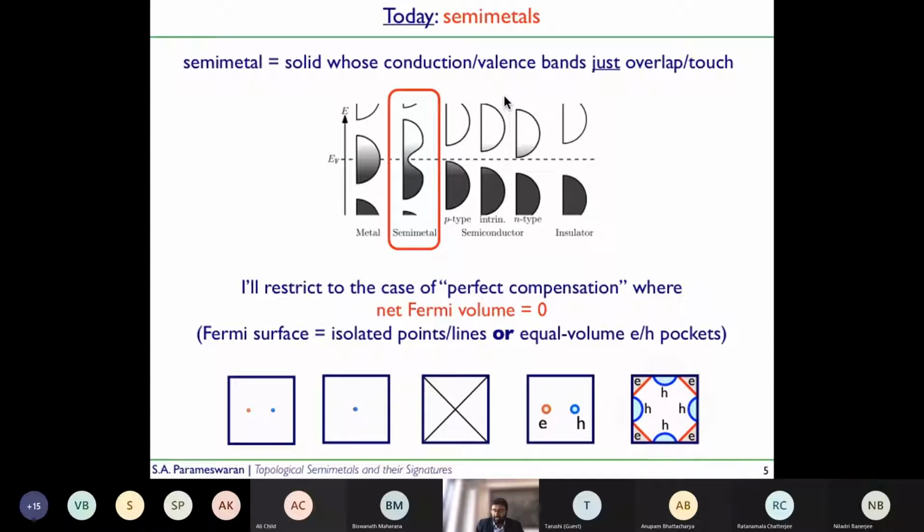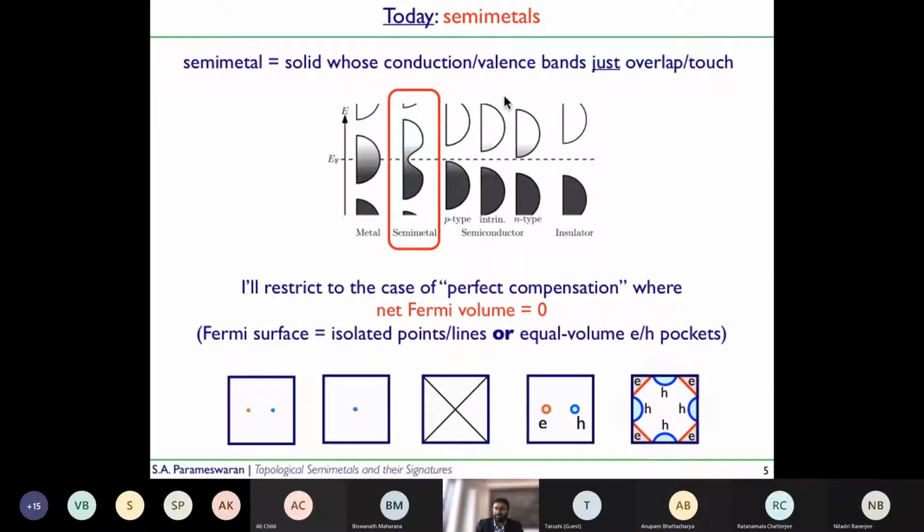What this means is that there's no Fermi volume, even though I have conducting degrees of freedom in the bulk. What I mean by no Fermi volume is that if I add up the electron Fermi surface and the hole Fermi surface, the areas enclosed by those, the total density of electrons and the total density of holes in the system exactly cancel, so there's no net density.